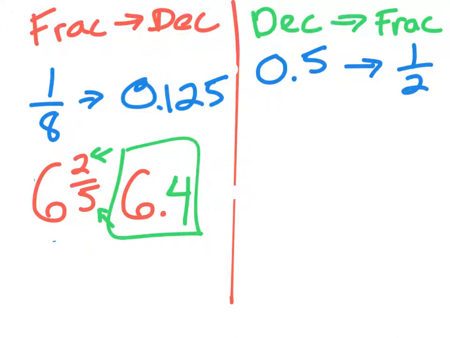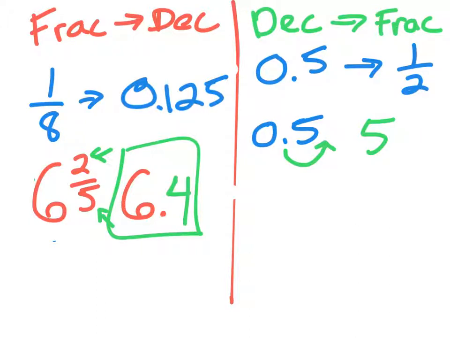The idea is to take this decimal, this 0.5, and turn it into a whole number. We did this day one when we were doing long division. The outside number had to be a whole number, so we moved our decimal point as many times as we needed to get it to the end. Hope you guys remember doing that. That would change this into the number 5.